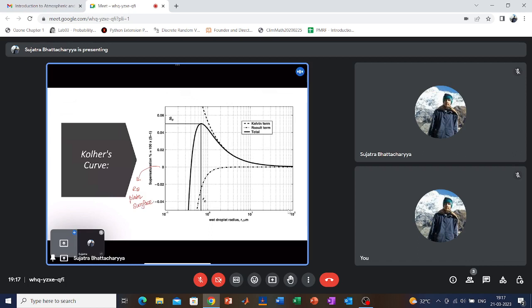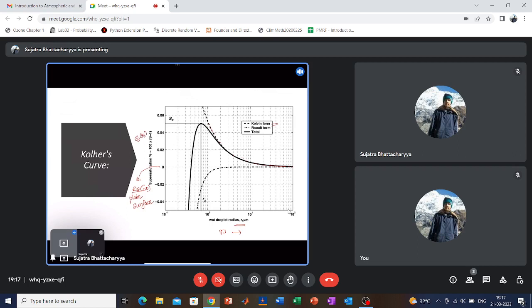So you see the Kelvin term with R. As R tends to infinity, this Kelvin curve, this dashed curve, tends to 0, that is, tends to Es at infinity. And this is all our Es of R.